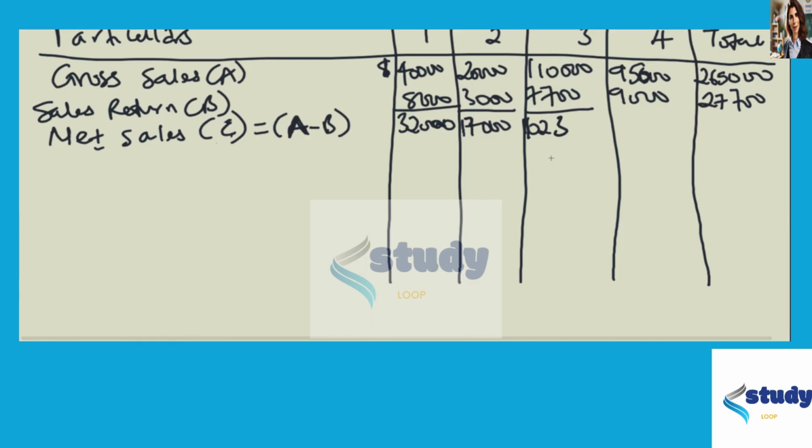Let me rewrite this so it's not confusing. So we're going to have 102,300. And for customer 4, we're going to have 86,000. And the total would be 237,300. So that will be the end of it.